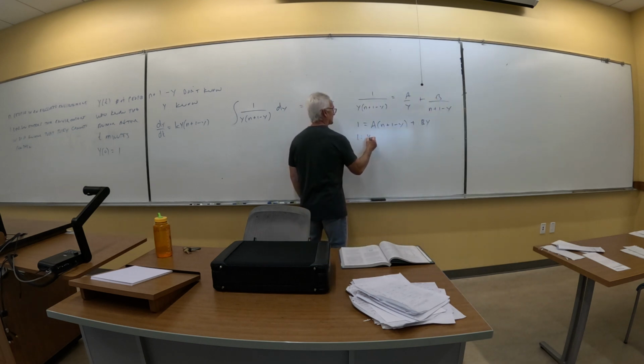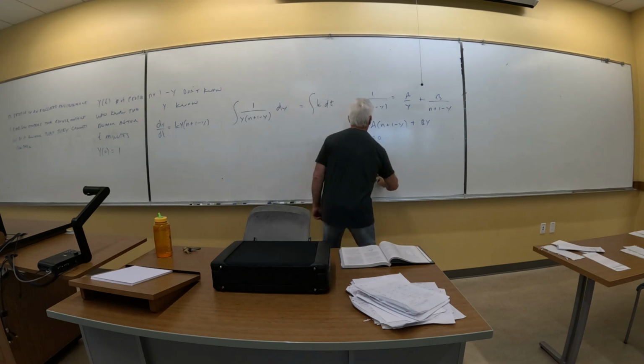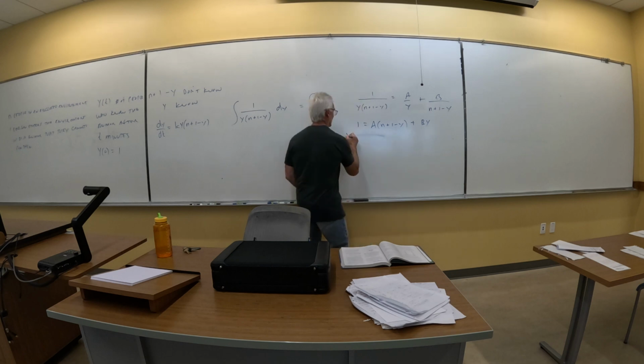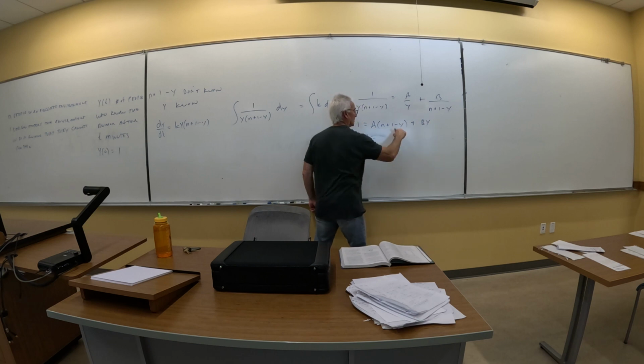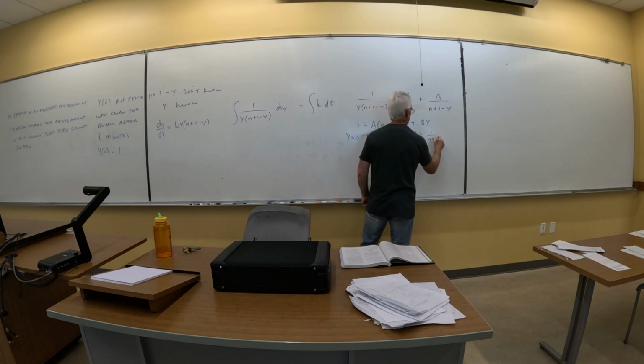All right, how about if I start with y as 0? Then what do I got? Oops, sorry. Should write y equals 0 first, sorry. Then I've got 1 equals A times (n plus 1), which means that A equals 1 over n plus 1.